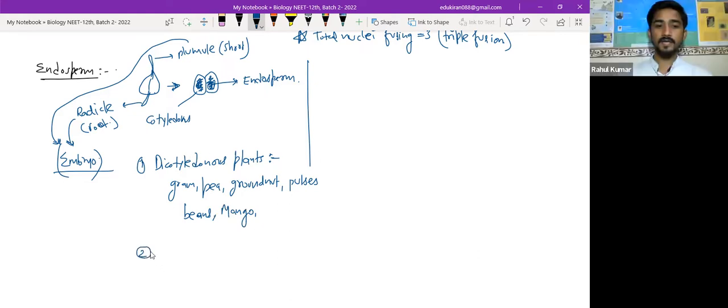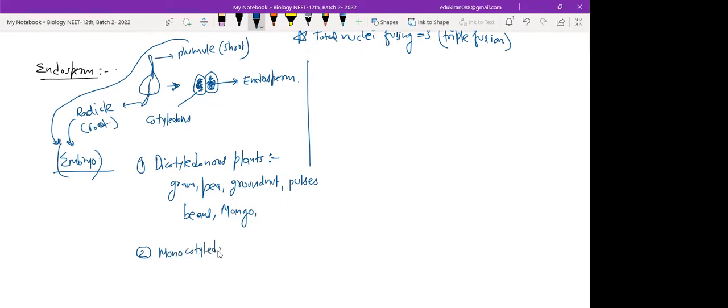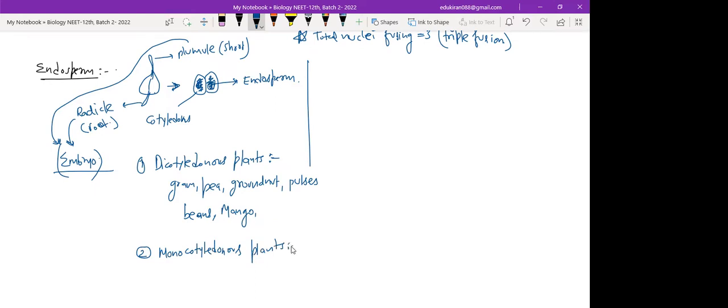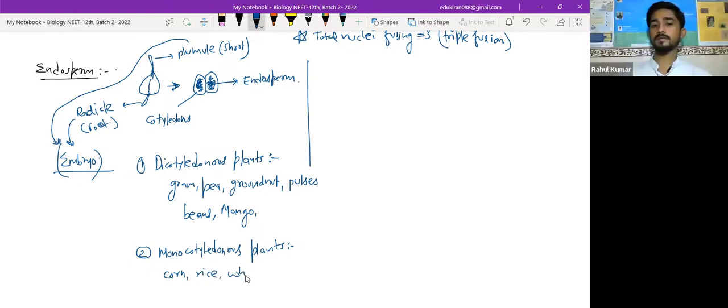Now there is a second type called monocot plants. Monocotyledonous plants. Sir, like corn, we can open like two pieces. Rice, wheat. Mostly our cereals are monocots.